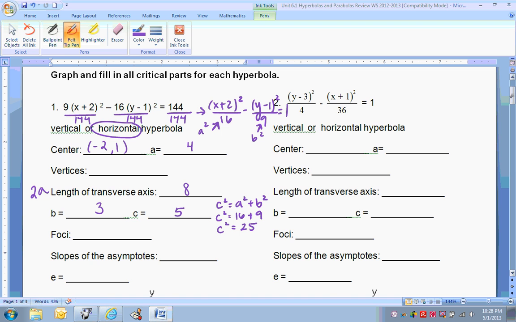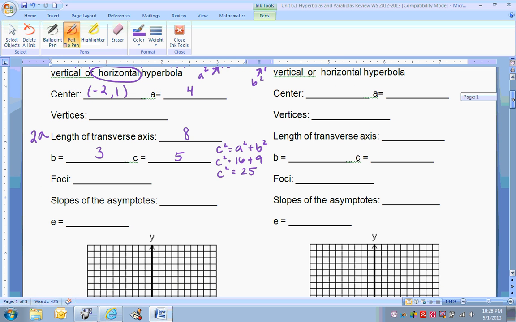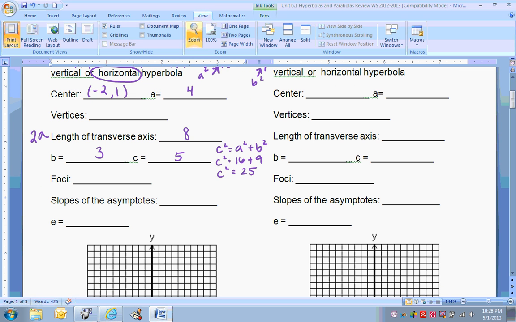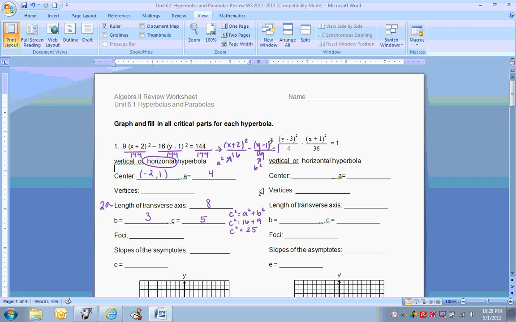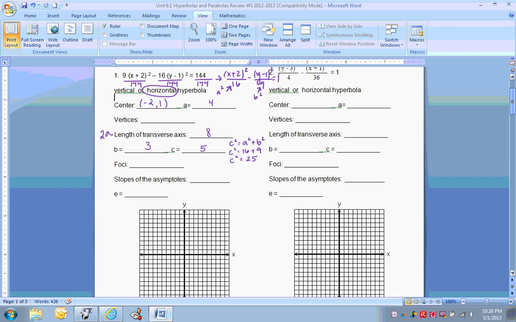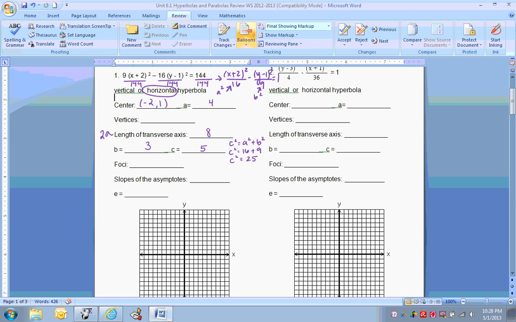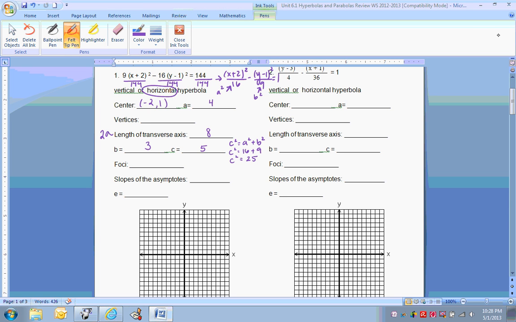Now, I have to find my vertices, and the way I'm going to do that is I'm going to actually graph. So let's go ahead and zoom out a little bit so we can see. Okay, so my center is at -2, 1. Remember this is a horizontal hyperbola, so my a value means I'm going to go left and right 4.